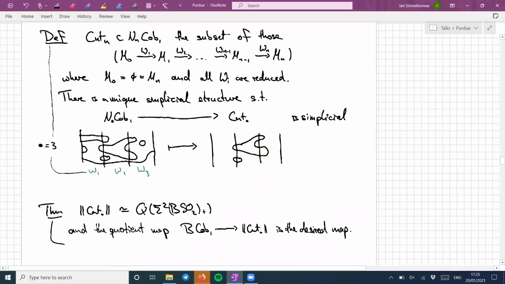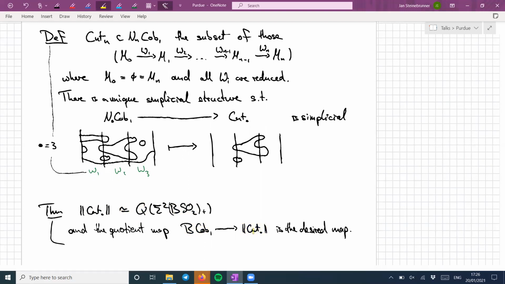And now the theorem that I also proved in that paper is that, first of all, this space of cuts is actually this free infinite loop space on the double suspension of BSO2. So we'll see more about that in a second. Firstly, this is this free infinite loop space, and secondly, the quotient map is actually the desired map. So it's this zigzag of maps that we wanted to construct a model for.